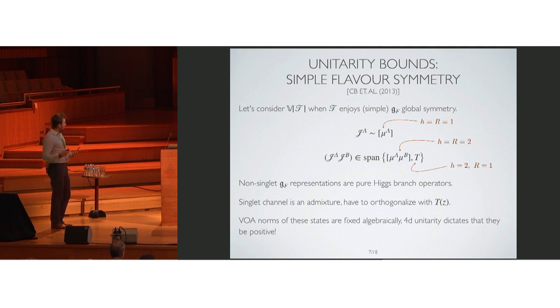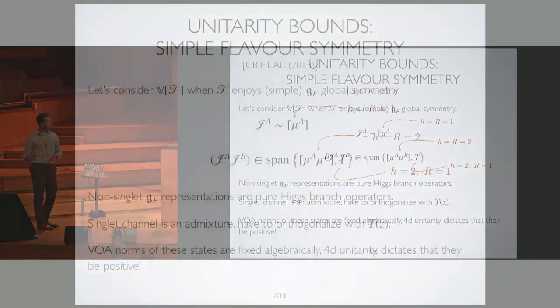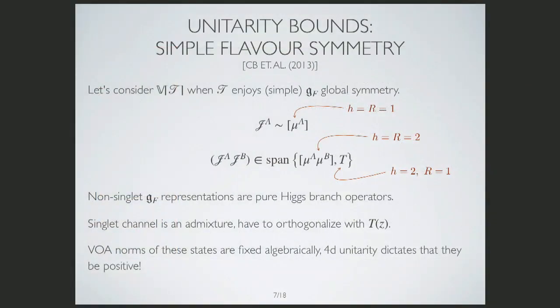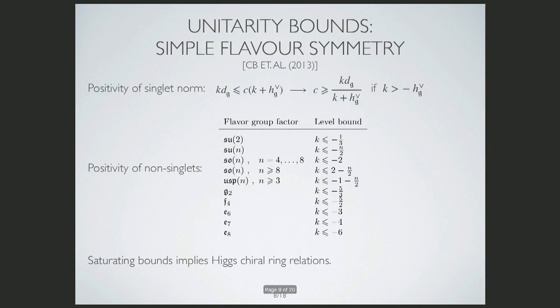And then once I've done this, the VOA norms of these states, so the VOA knows everything about how to compute correlation functions, the norms of these states are fixed algebraically in terms of k and c. But four-dimensional unitarity dictates that the norms in the VOA of these μ² type operators have to be positive. And this leads to some non-trivial unitarity bounds.